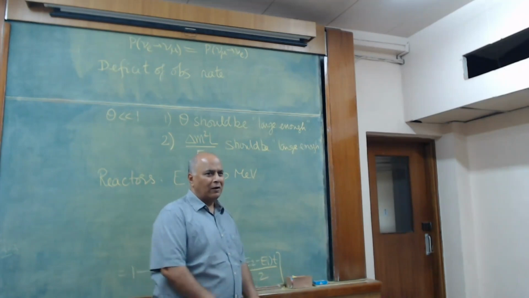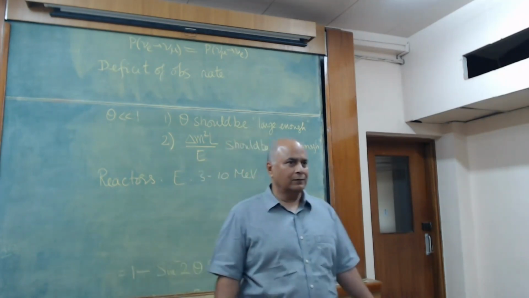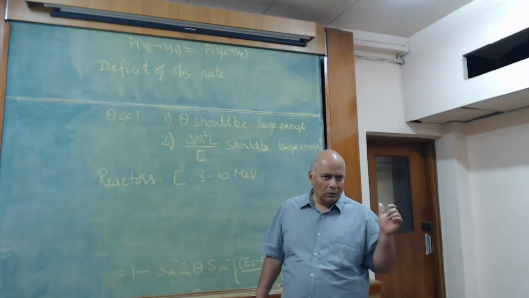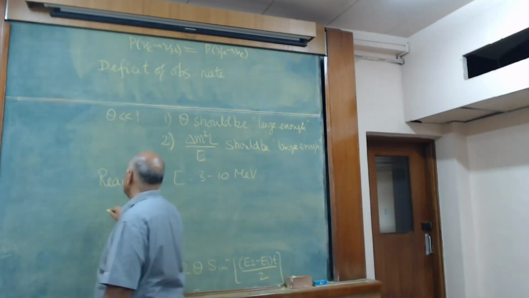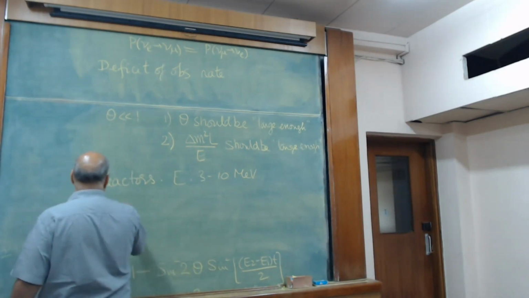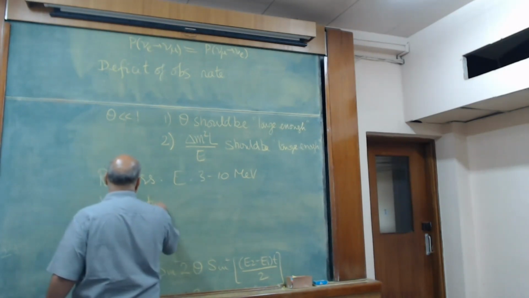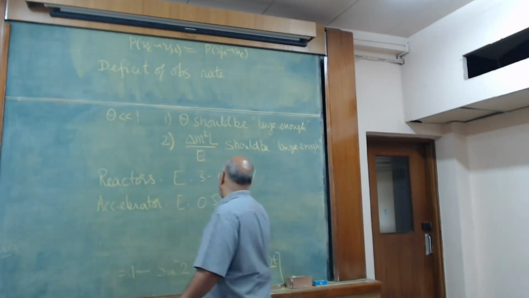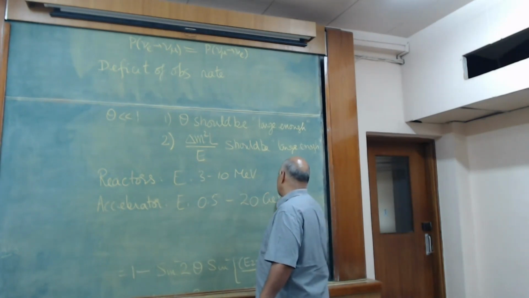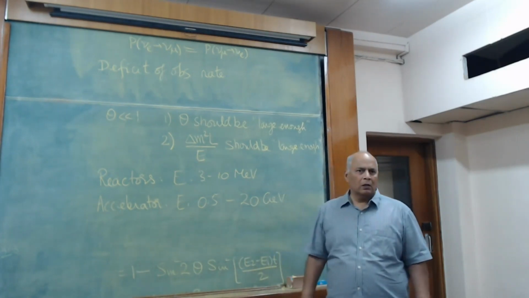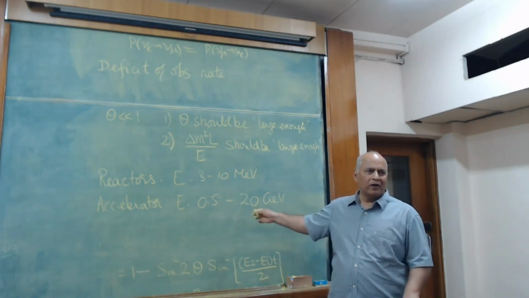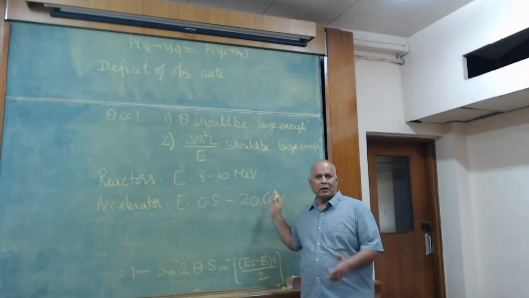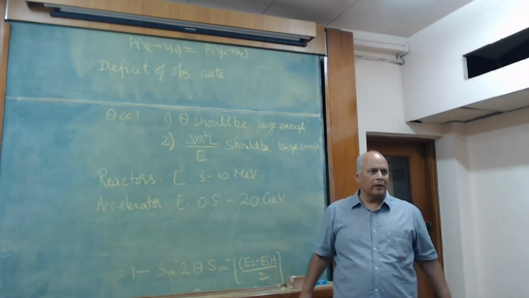It's not possible to have any other value of E. In the case of accelerators, things are under your control, and there you can actually design E from 0.5. But of course, it's more difficult to control things at lower energies, easier to focus at higher energies.